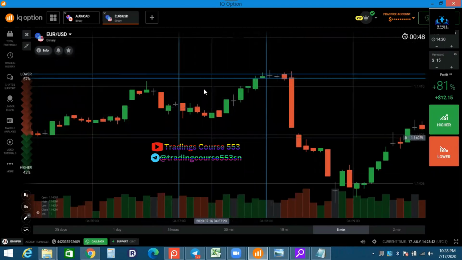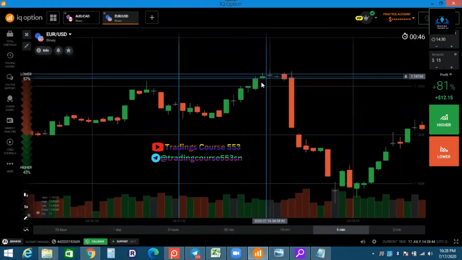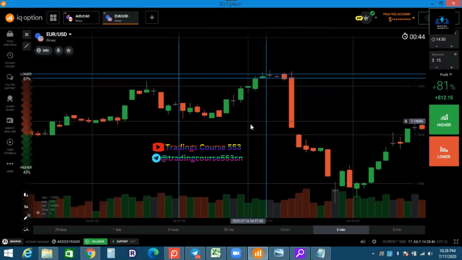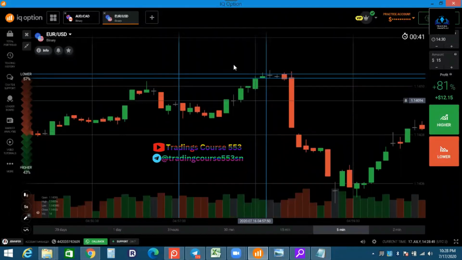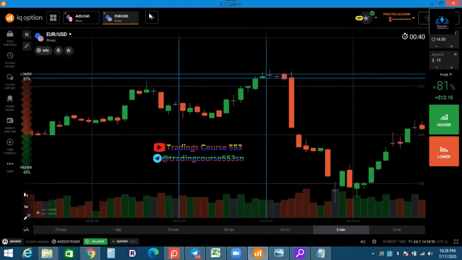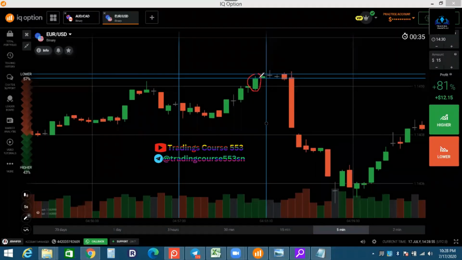In these candles, just to understand where the volume increased and where the volume decreased. On the support level, do you see the volume increased where the candlestick reached? They tried to break the level, but they failed.